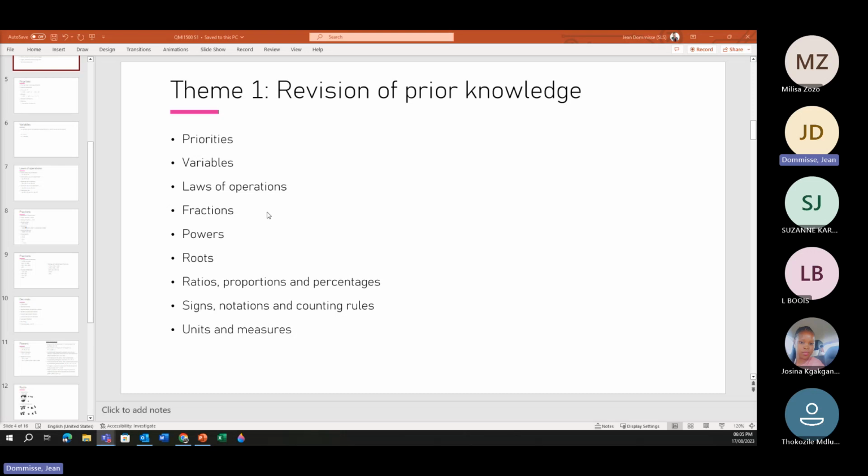I think also important is that you are allowed to use your calculators. You're allowed to use Excel. You're allowed to use online calculators. I'll share some of those things as we go along through this study unit.